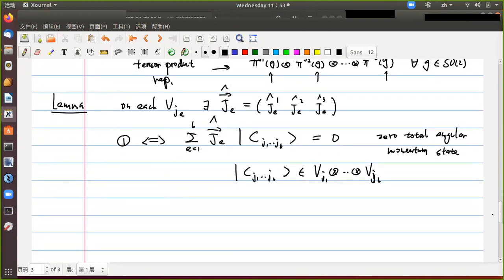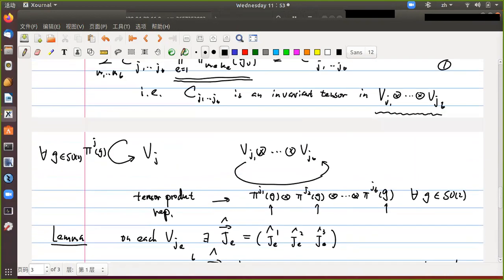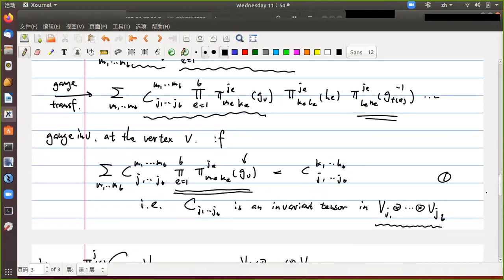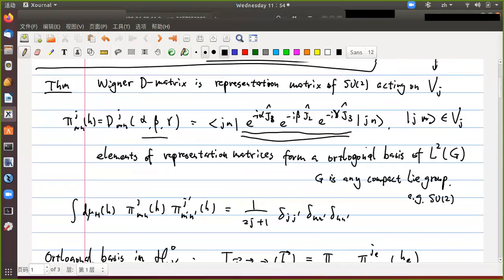All right, and this is your homework, to prove this. What you need to do is just use the relation between this G and the angular momentum. This is a representation of the SU(2) group element G, and this representation relates to angular momentum operators, just like here.